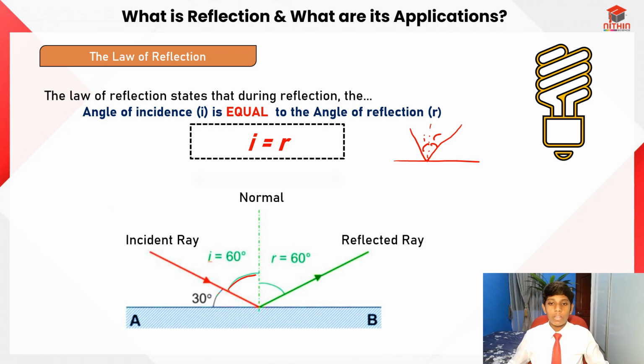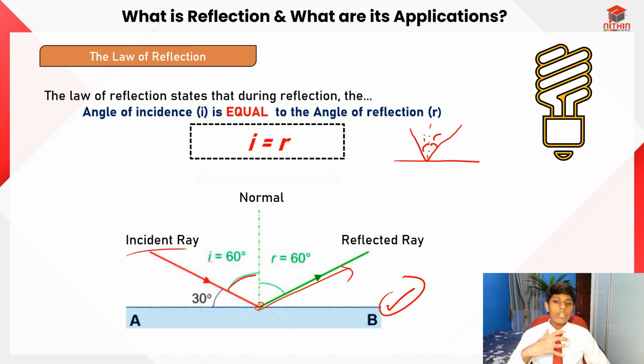So this is what they meant by I is equal to R. I hope you understood this. The incident ray comes in, strikes the surface and reflects off. So this is like a formula.